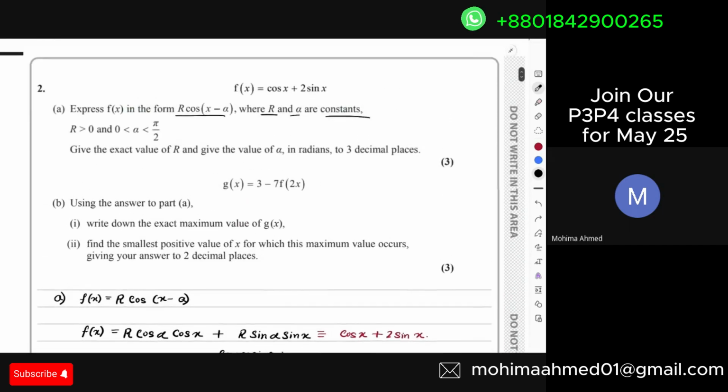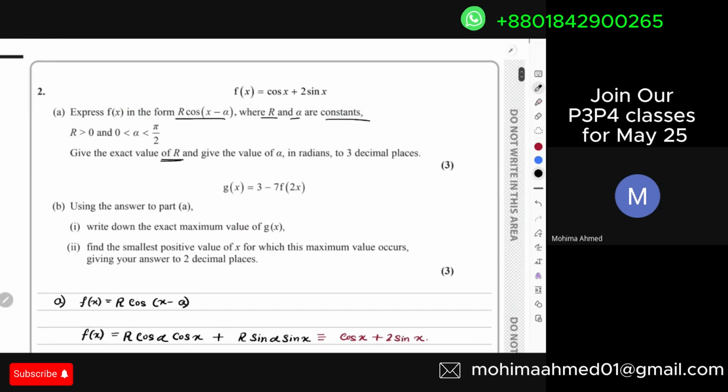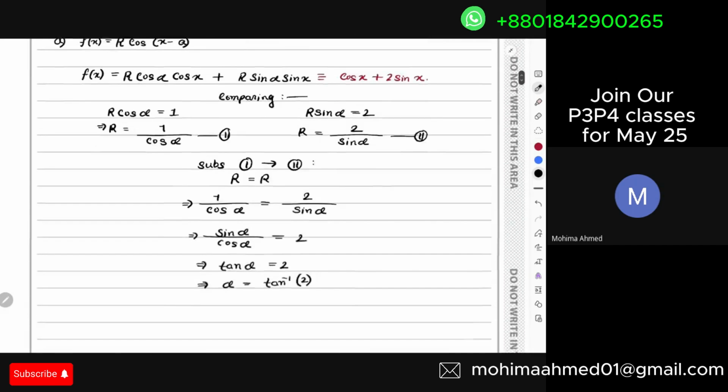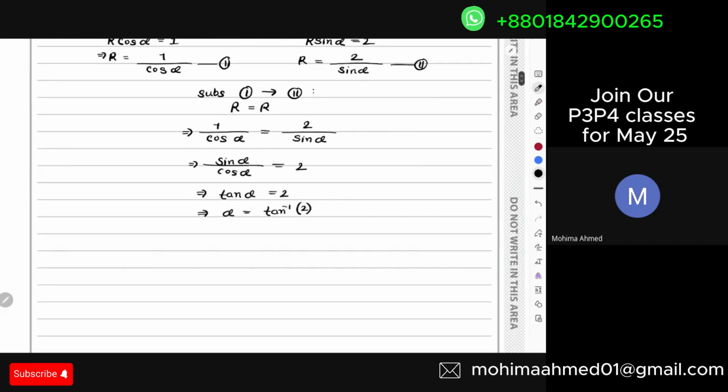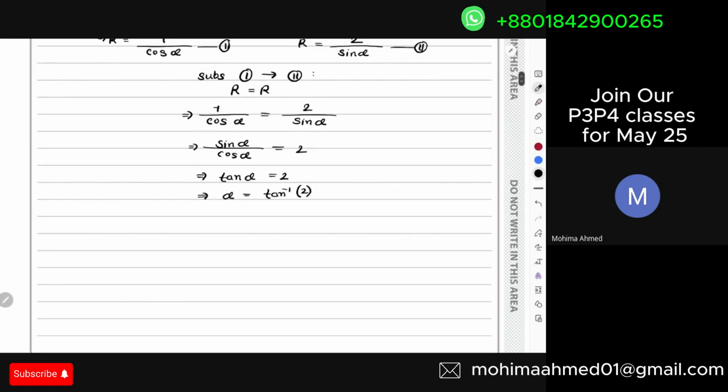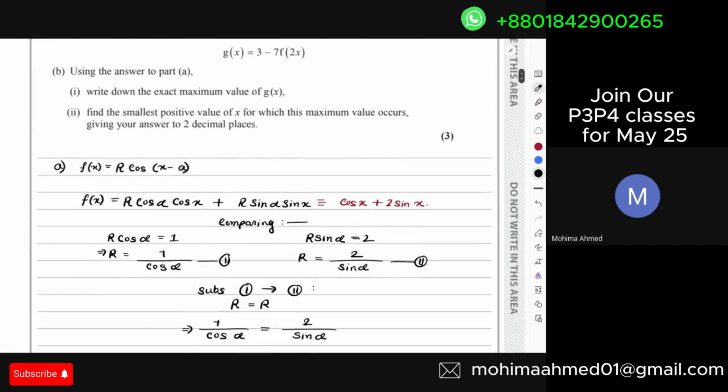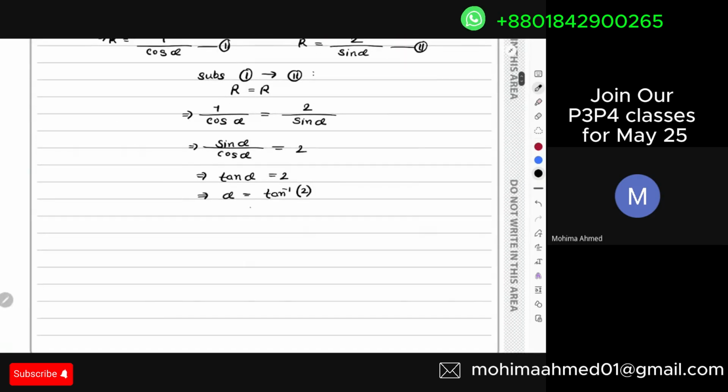It was also stated to find the exact value of r, which means r should be kept in surd form, but alpha should be kept in decimal places. So alpha has to be calculated in radians: 1.107 to three decimal places. This is the value for your alpha.